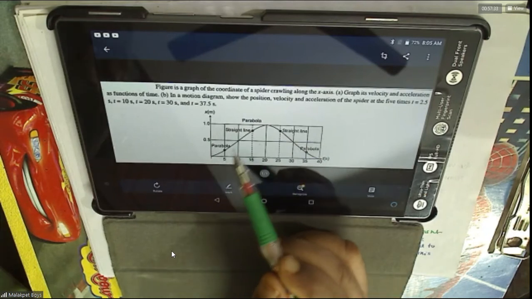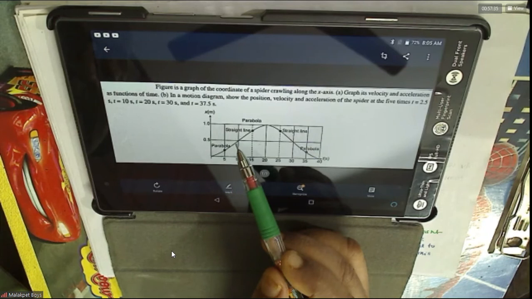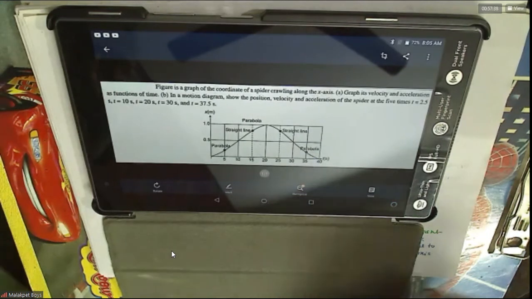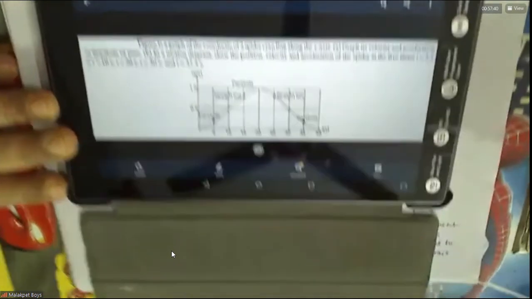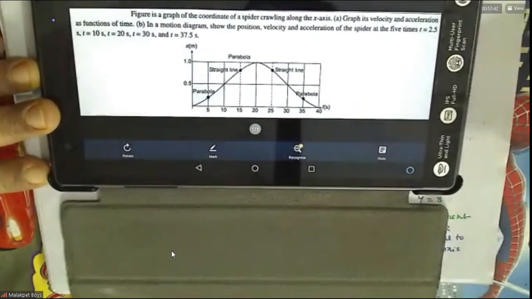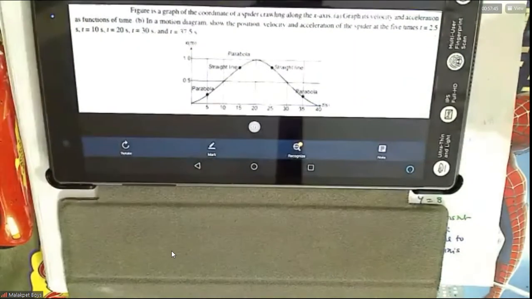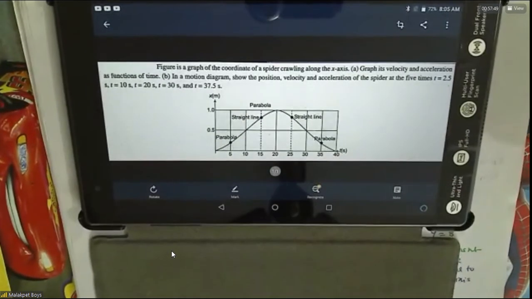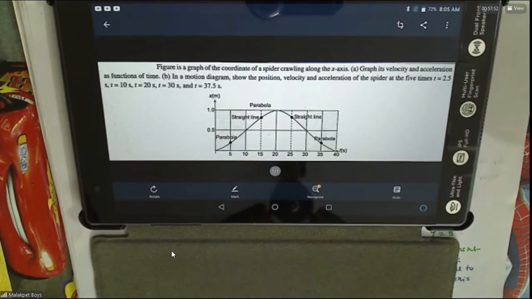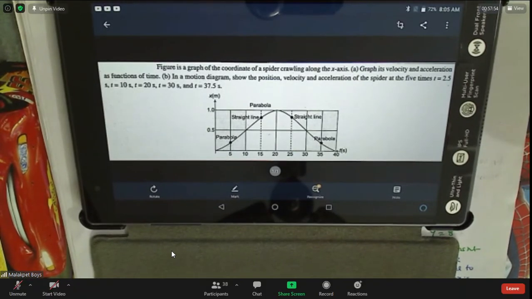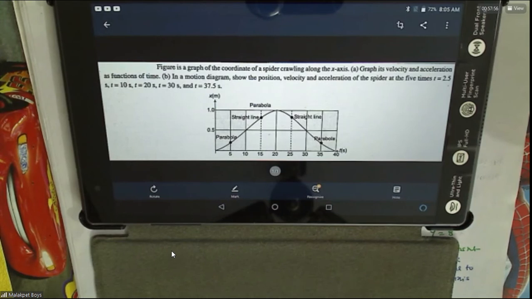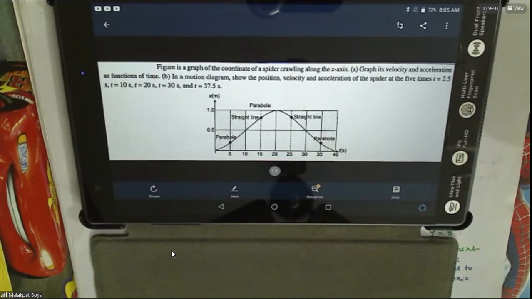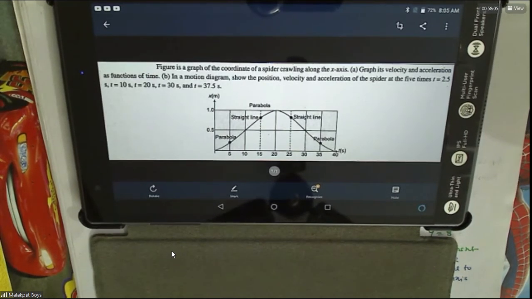Sir, this is a parabola, straight line, again a parabola, straight line, again a parabola. Note it down.